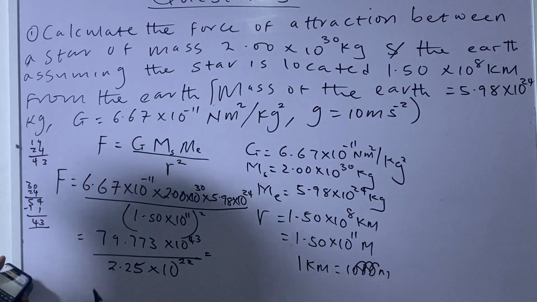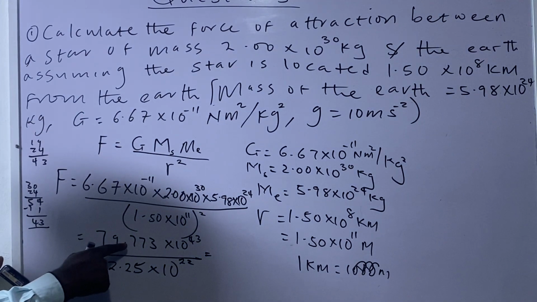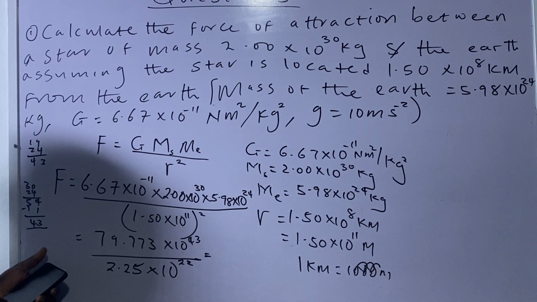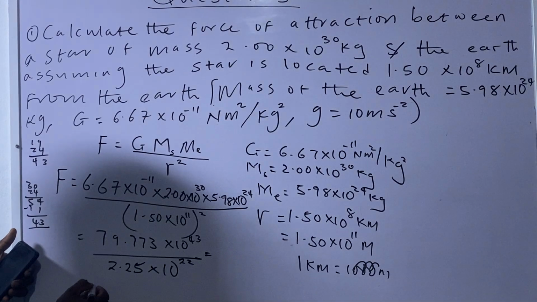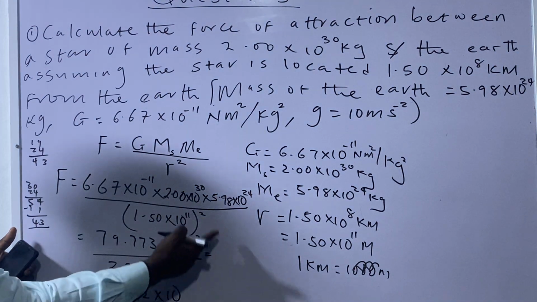So in this case again, to make it easier, just divide 79.773 by this. So we say 79.773 divided by 2.25. Okay, that's giving me 3.19092.